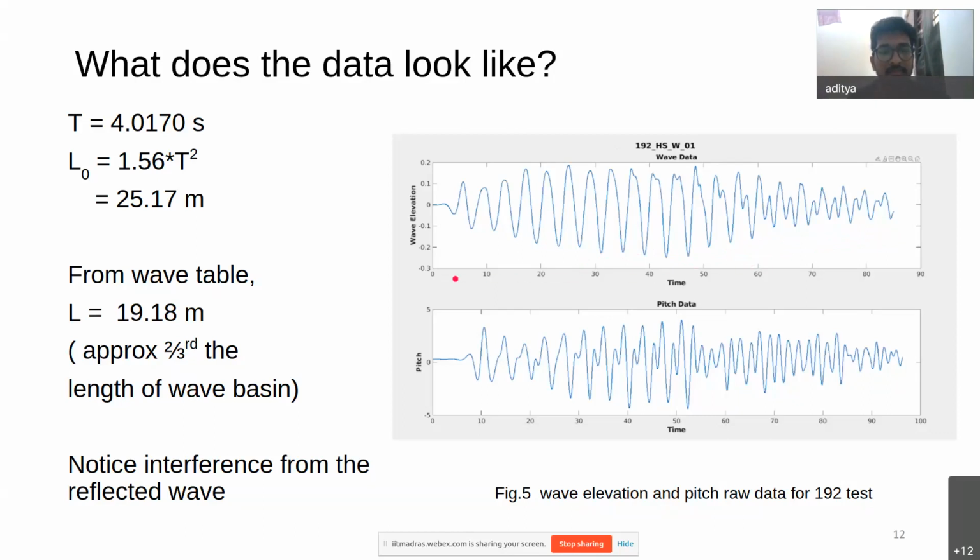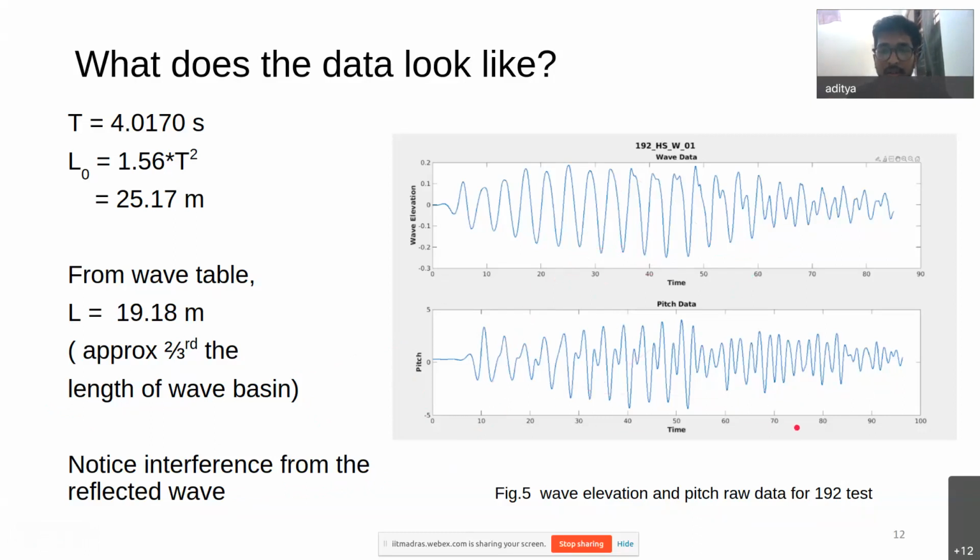Now, the dimensions of our wave basin are around 30 by 30, so the wavelength of the generated wave is around 2/3 of the length of the basin. You can clearly visualize that the wave will reflect back and interfere with the incident wave. Both waves will interfere, and they cause the response that you can see in the top figure.